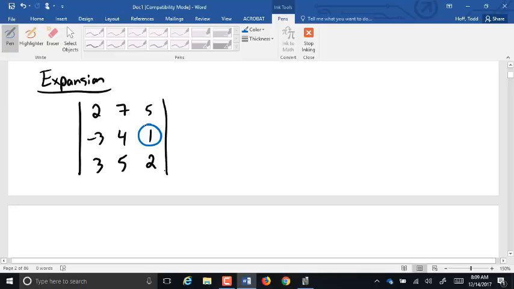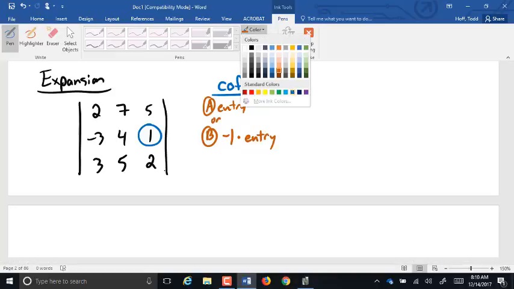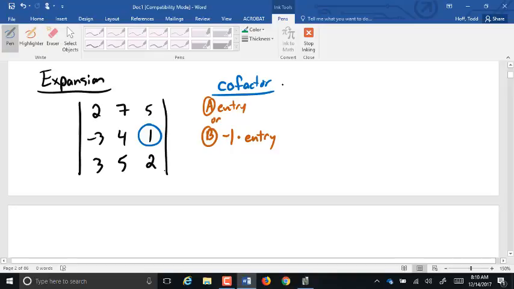Every entry in the matrix has two things we consider of it. One is called a cofactor. A cofactor is either just the entry or negative 1 times the entry. How do we know? It's based off of position.